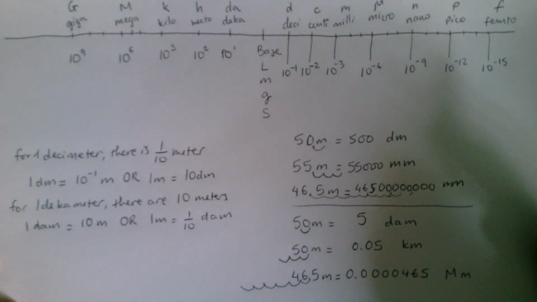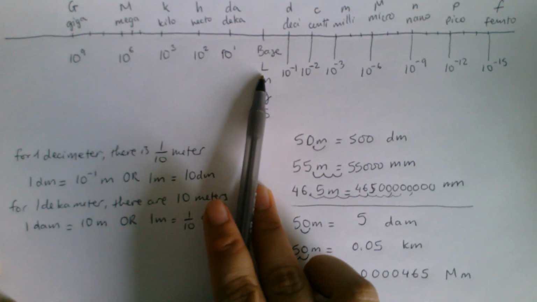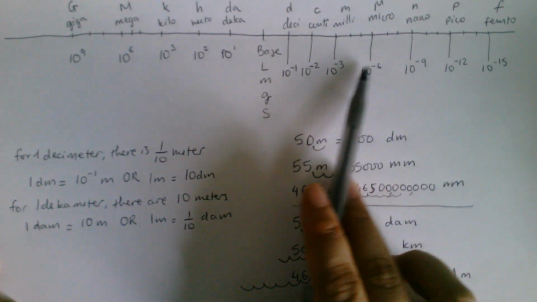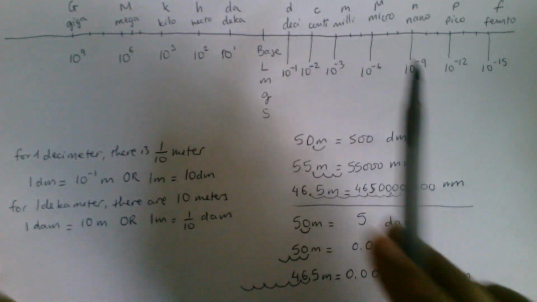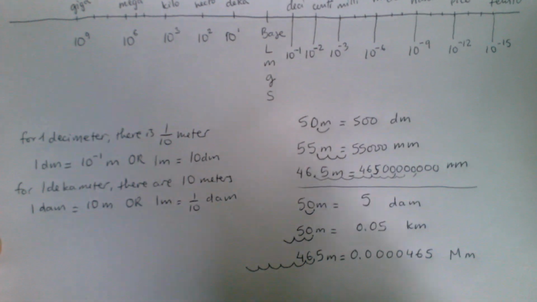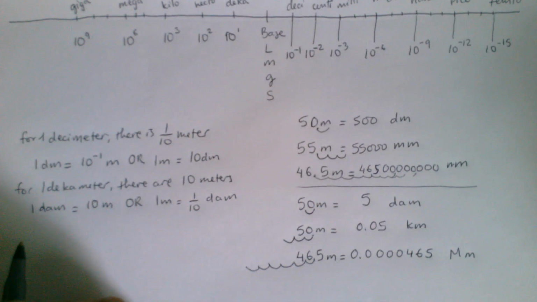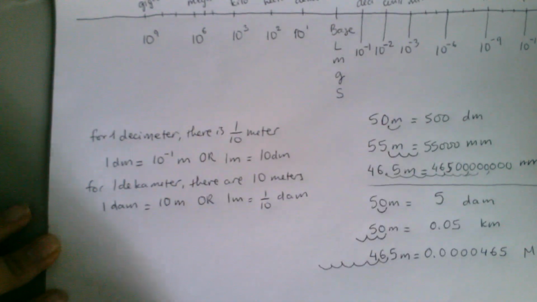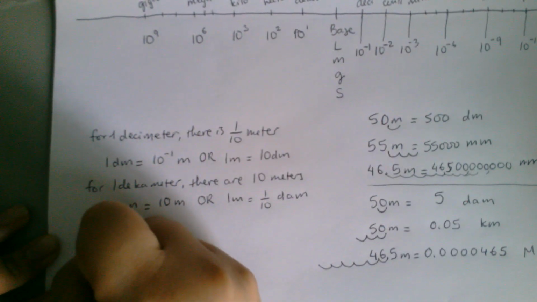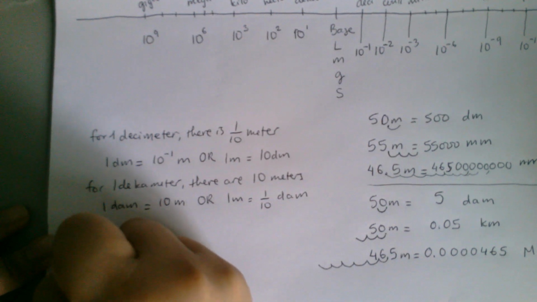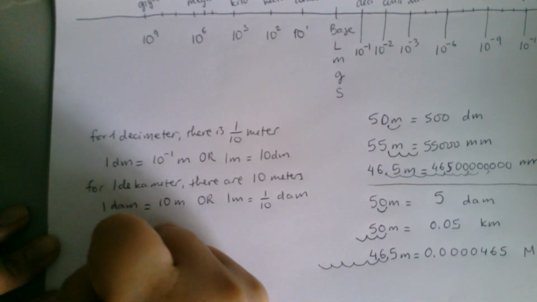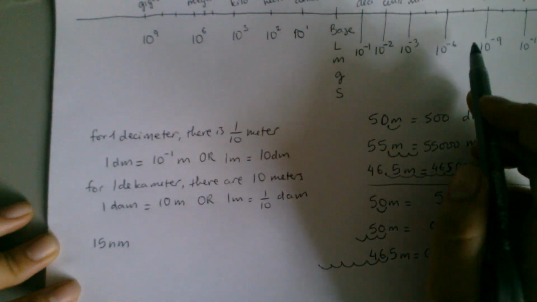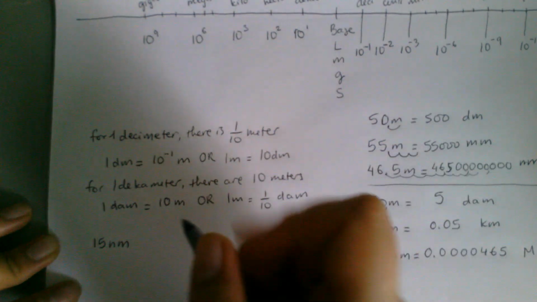Let's do a more difficult problem because we've been working from base. So what if we work from nano to milli, for example? We have 15 nanometer. How do we get to milli?